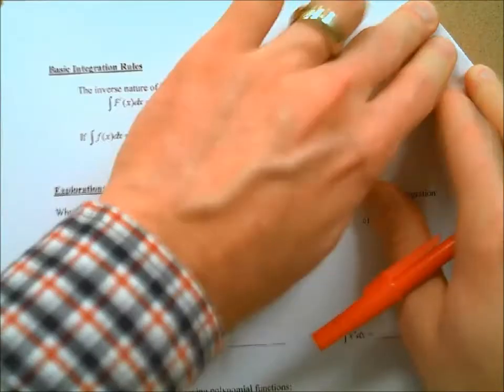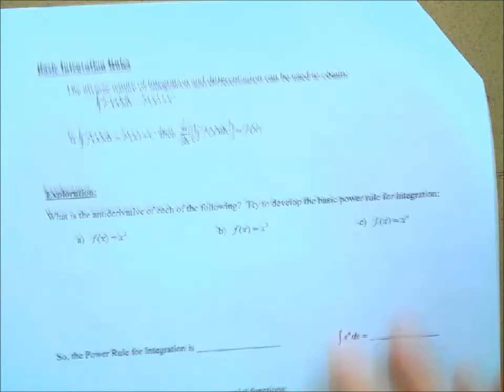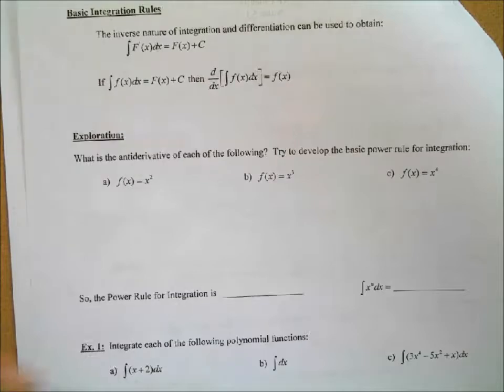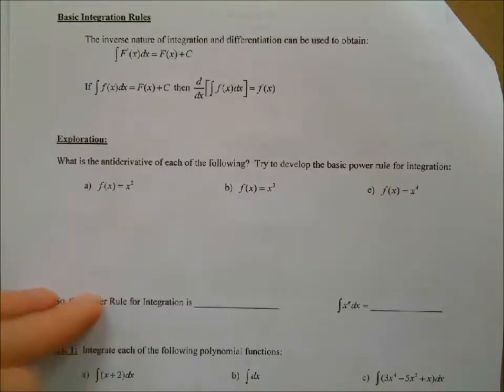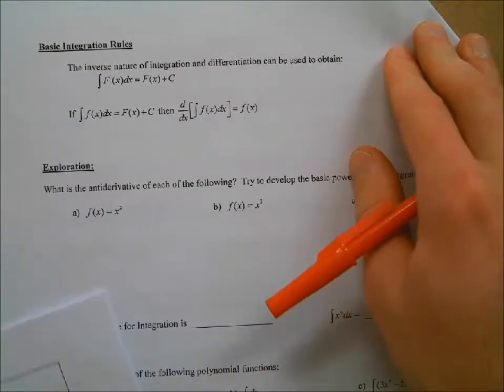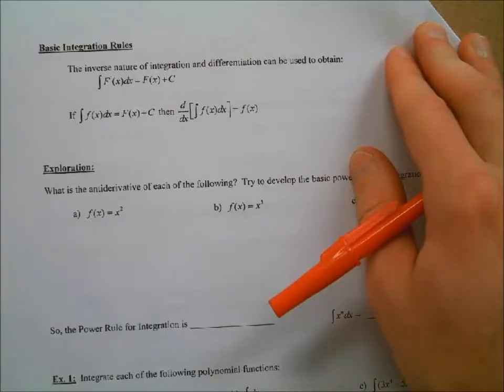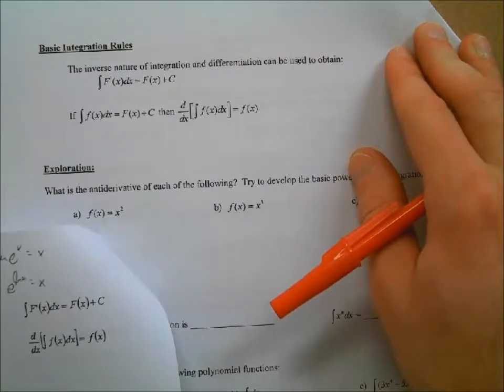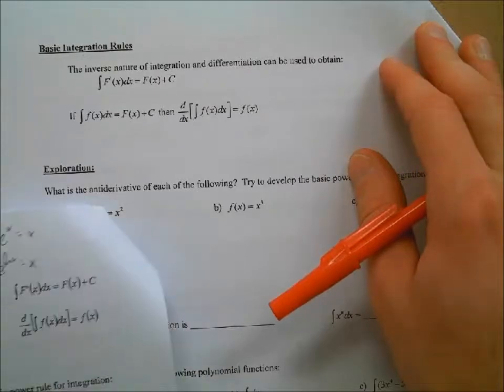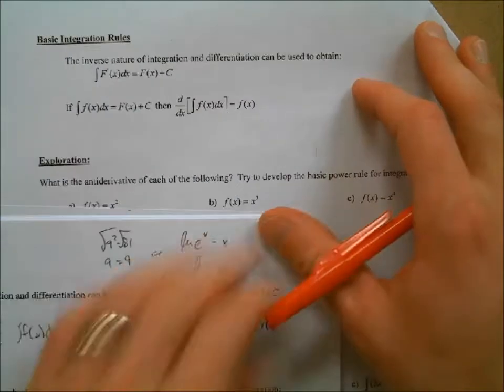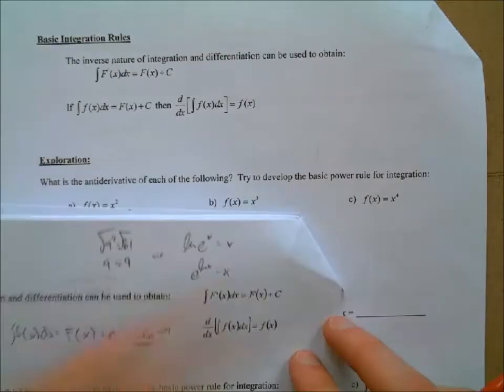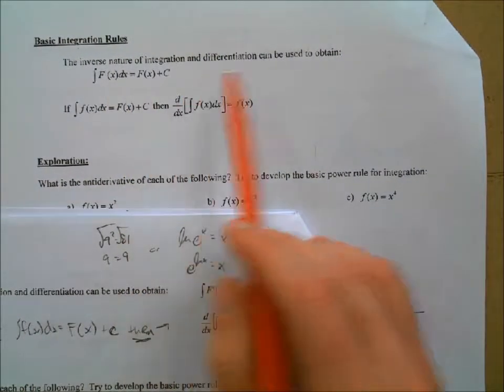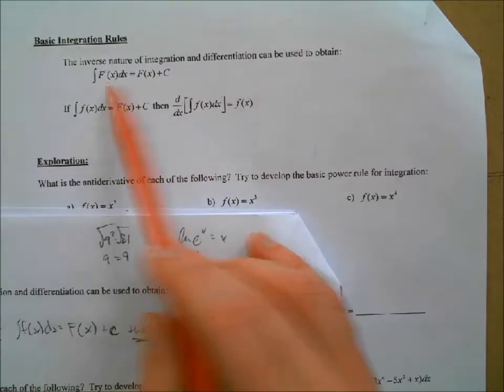Okay? Some basic integration rules. Okay? So, sure here. I think I printed out. Okay, yes, mine is slightly different here, so I will. Okay, it's pretty close to this one though, for right now. So the inverse nature of integration and differentiation can be used to obtain, and mine's just down here.